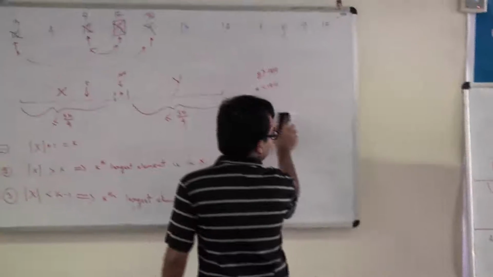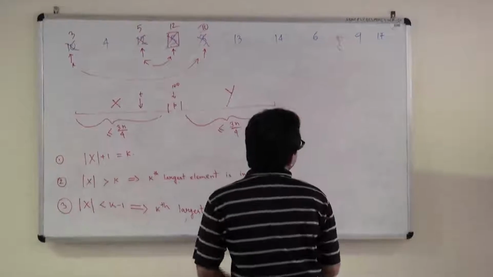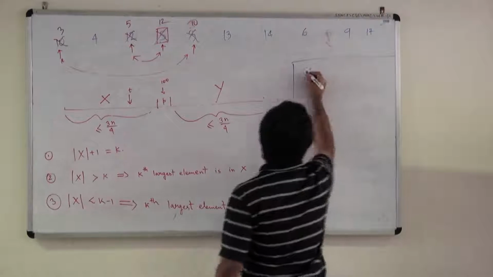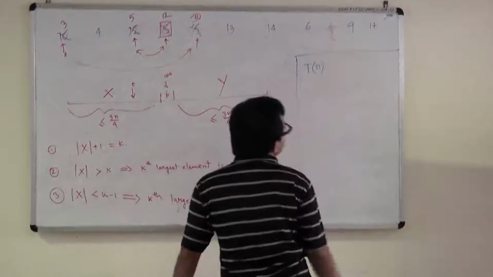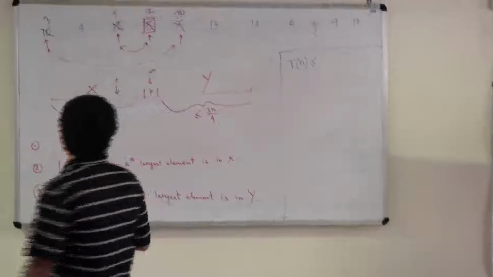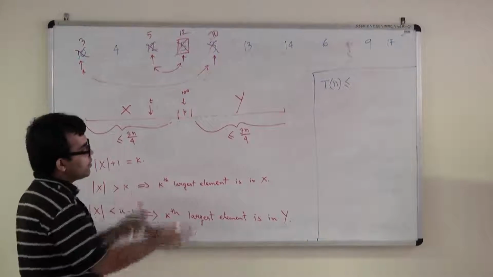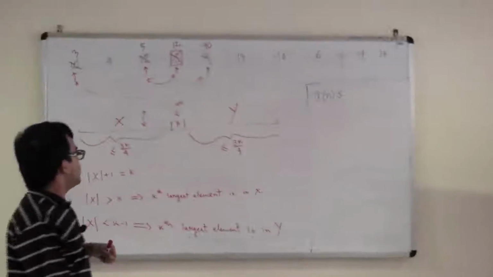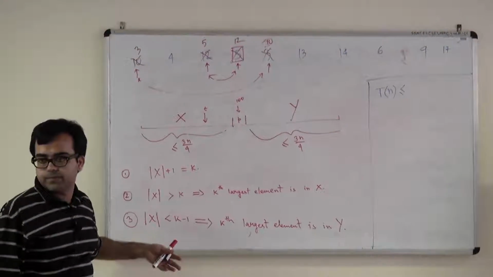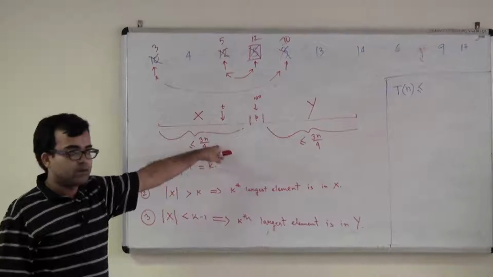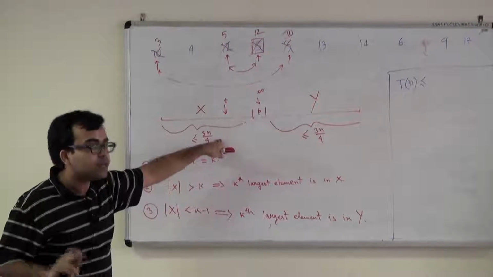Now, if Tn is the total running time of your algorithm, what can you say about Tn? In this iteration, you are spending order n time in doing this split pivot operation. And after this split pivot operation, you are branching into a smaller subproblem. And that smaller subproblem is of size at most 3n by 4.